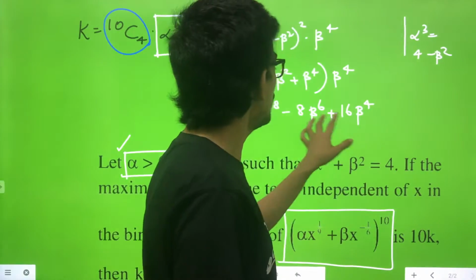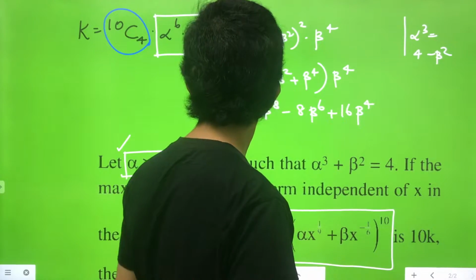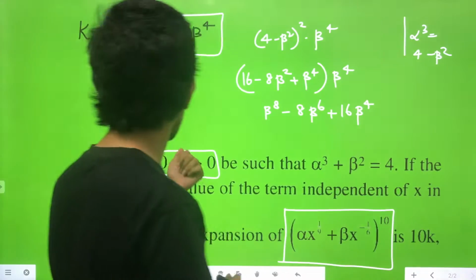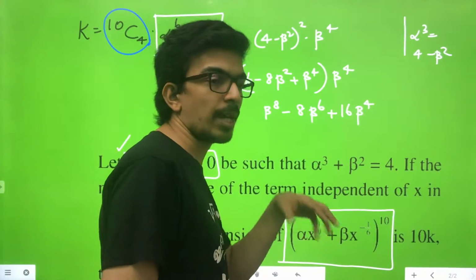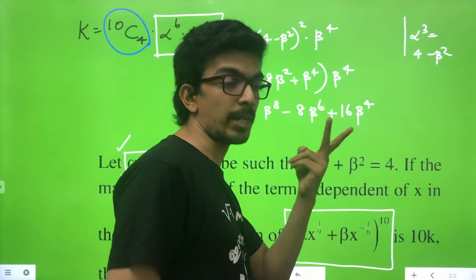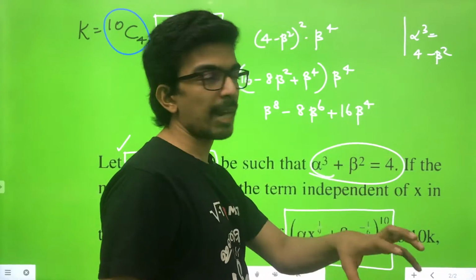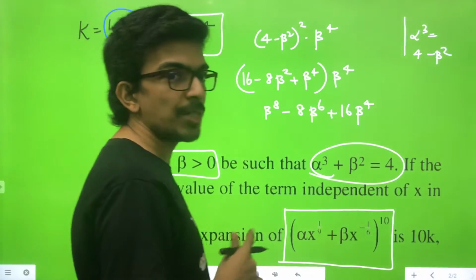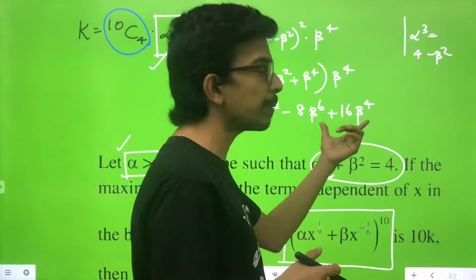Now this is an expression in beta and we are looking for the maximum value of this expression as beta varies. We have eliminated alpha, otherwise we would have to worry about two variables. Now our objective function, which needs to be maximized or minimized, has only one variable beta.